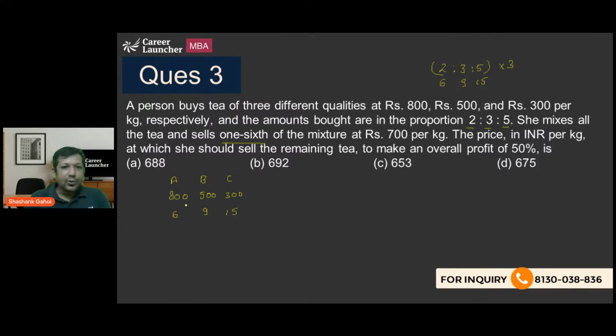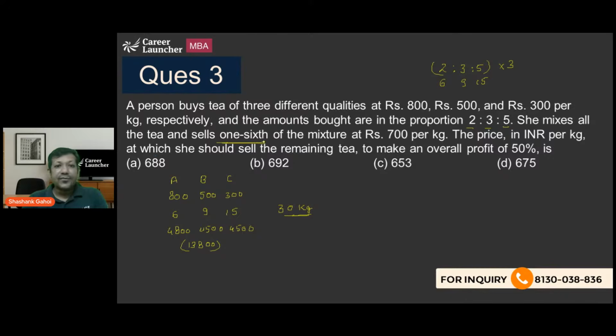Okay. So what is the total price we are looking for? That is going to be 4,800, 4,500, and 4,500. Okay. So 9,000, 13,800. That is the total cost we are talking about, and we are talking about a total quantity of 30 kgs. This is what the question is talking about. Okay.